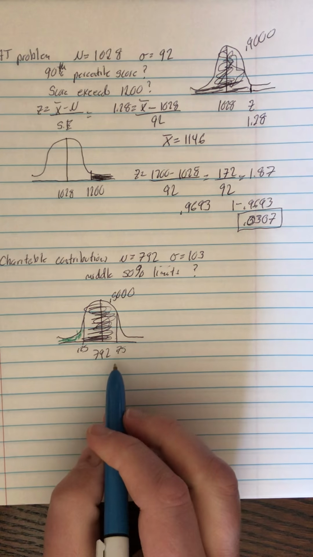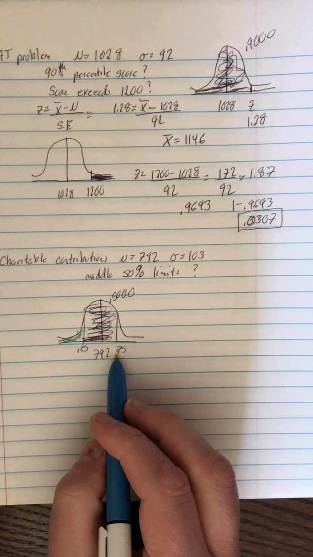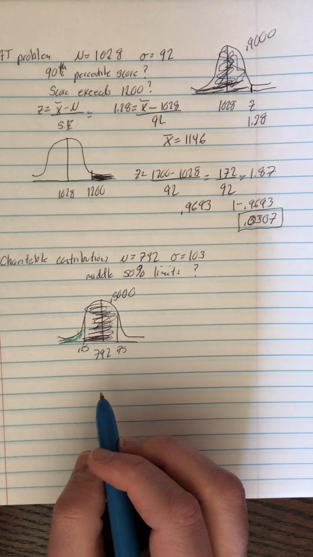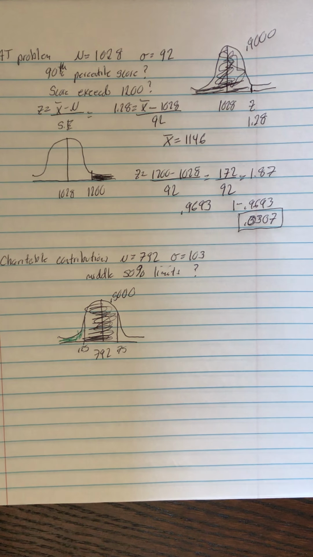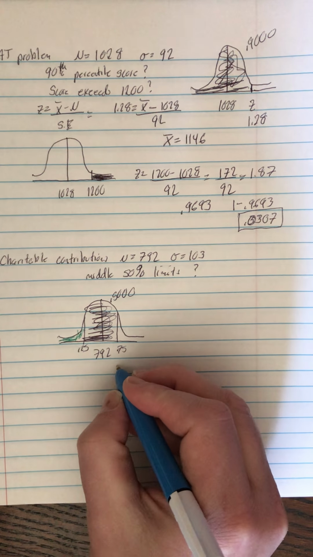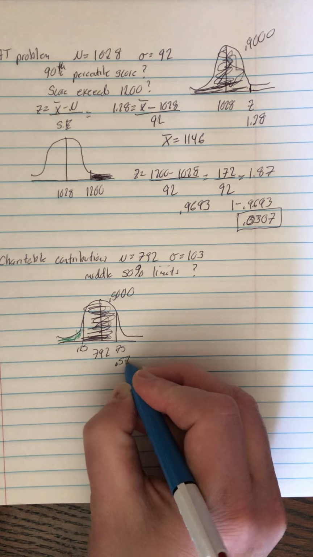Okay, so we're going to look up 0.7500 on our blue chart, and again, the closest to it is going to be 0.67, because it's a little bit closer than 0.68. So my z-score is 0.67 here.